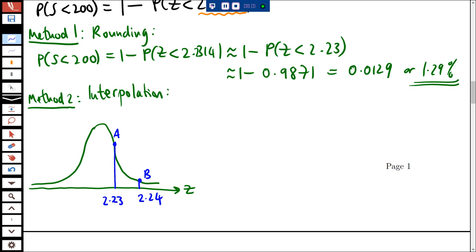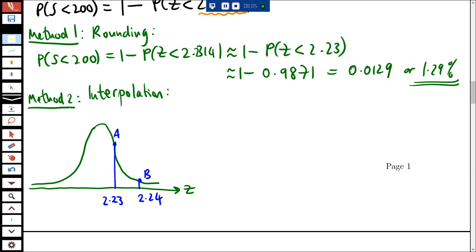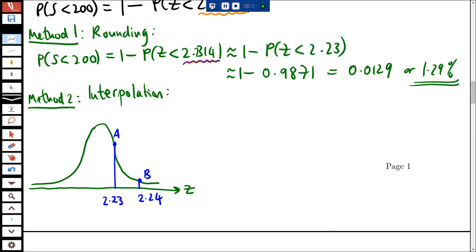Okay, so I should say, why did I choose these? Well, if we take a look at the number we want, which is 2.2314, well, it's somewhere between 2.23 and 2.24. Okay, so I'm just going to draw it on.